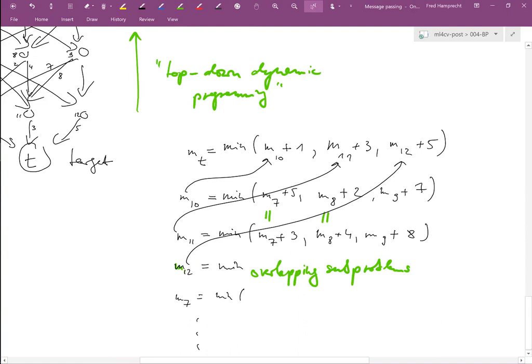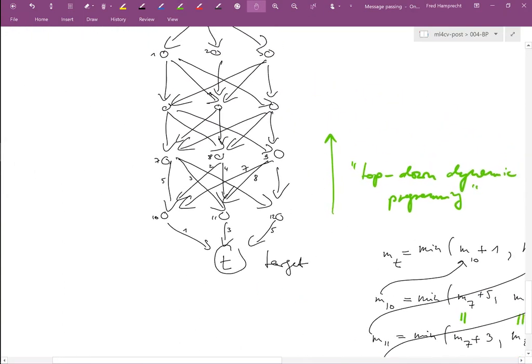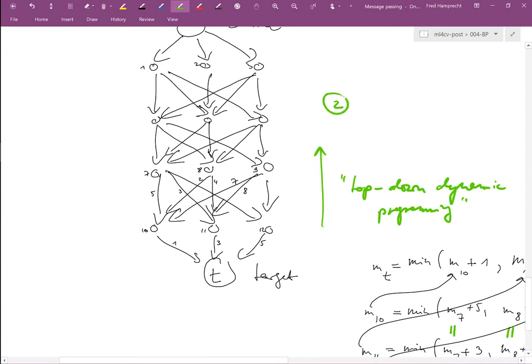One condition is that our subproblems are overlapping, and the other condition is called optimal substructure. And I'll show you in a moment what this means. So whenever a problem has optimal substructure and overlapping subproblems, then you can use dynamic programming.